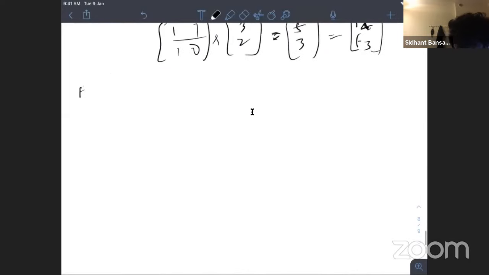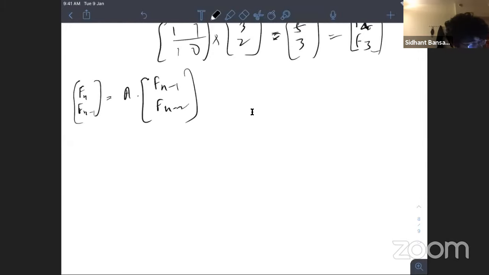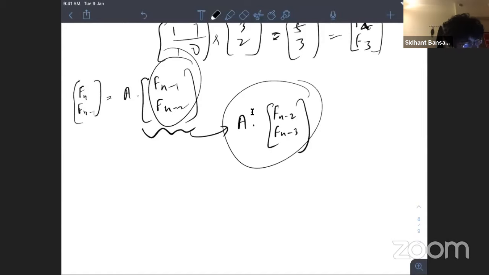So we've got this thing: Fn, Fn minus 1 is equal to A times Fn minus 1, Fn minus 2, right? You can rewrite this as A times Fn minus 2, Fn minus 3, because you just use this recurrence again.